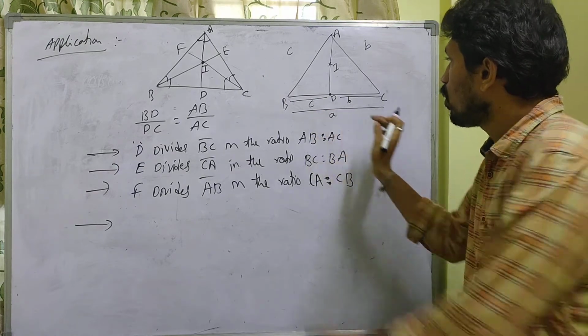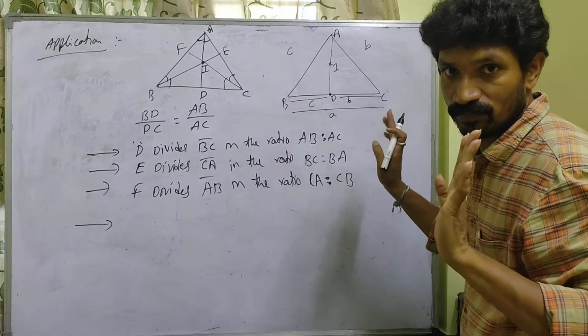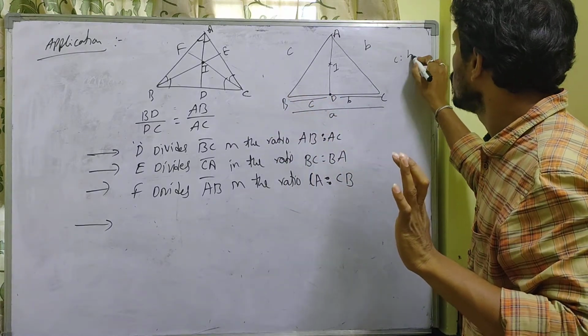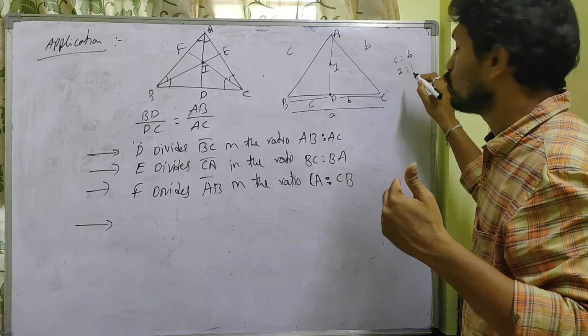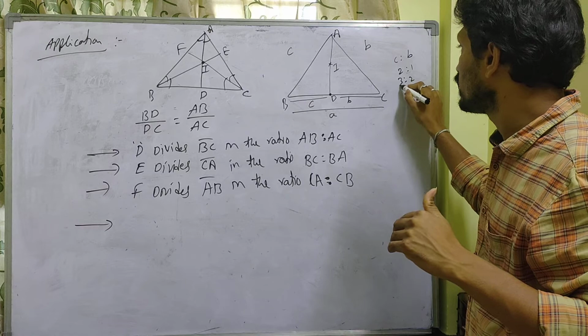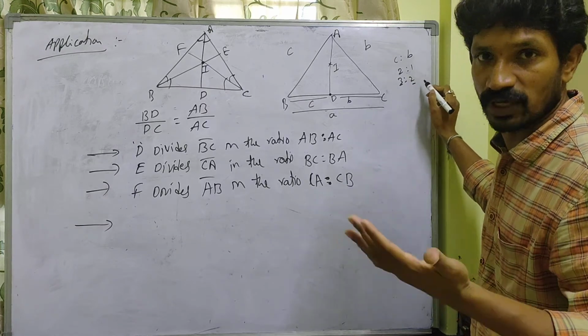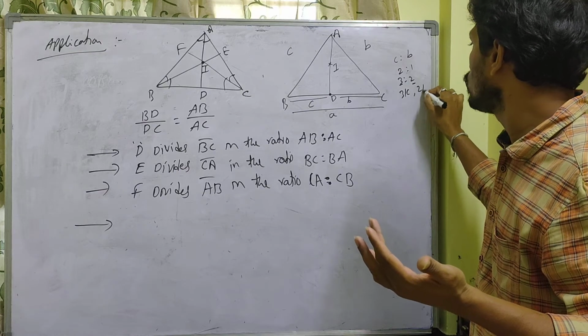What is the part of this BD? It is c is to b, not c comma b. C is to b means like 2 is to 1 ratio or 3 is to 2 ratio. So 3 is to 2 means that length is not 3, that length is not 2. It is some 3 into something, 2 into the same thing, that is 3k comma 2k length.